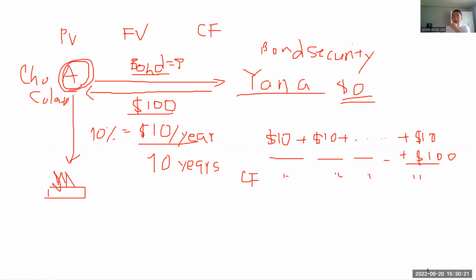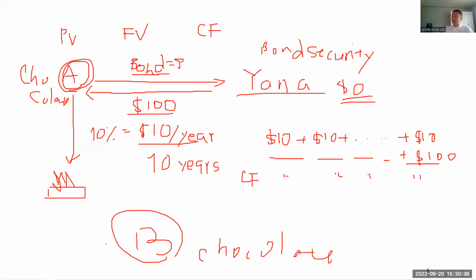Let's say Yana lends $100 to another company B, another chocolate company, and this company offers a coupon rate of 12%. Another company C also offers 12%.